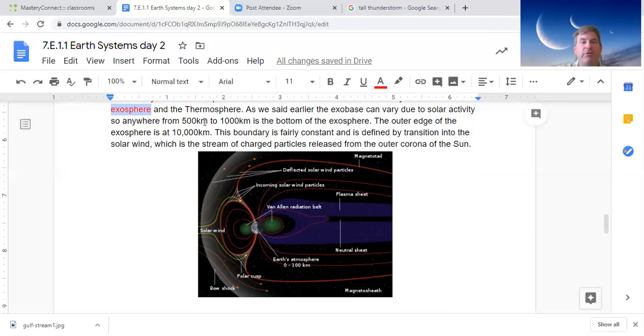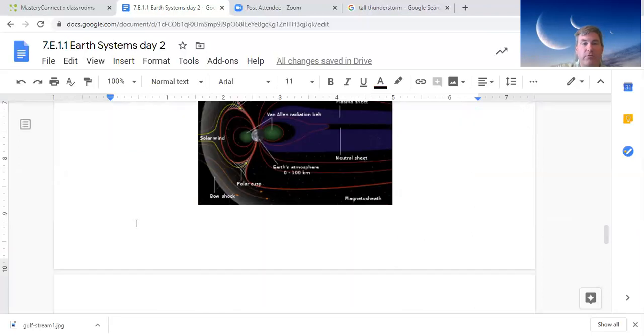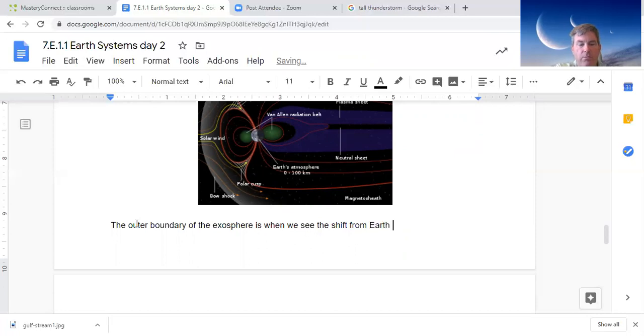So the outer boundary of the exosphere is where we shift from Earth atmosphere particles to solar wind particles.